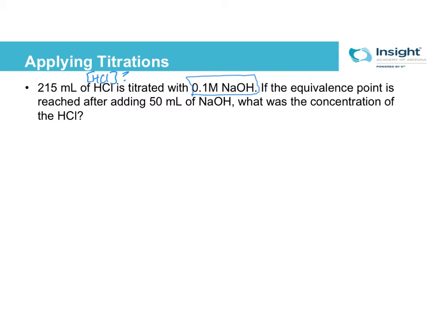So I know my concentration of NaOH, and I know how much I added. This is going to be equivalent to my concentration of the HCl and its volume. So I just need to set up this proportionality and calculate the concentration of the HCl. That's going to require some cross multiplication.